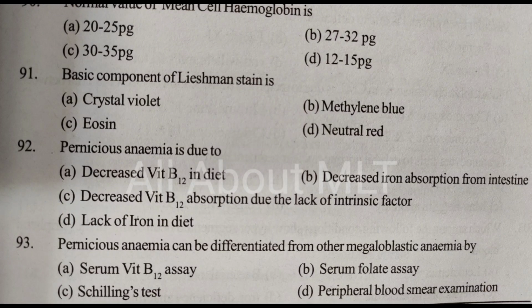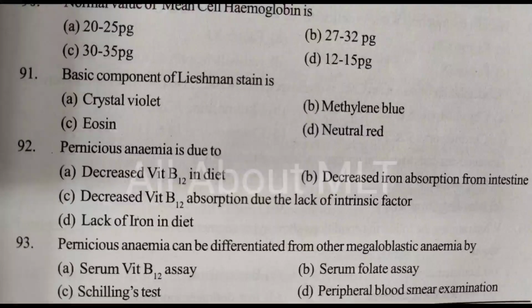Basic component of Leishman stain is: option A, crystal violet; option B, methylene blue; option C, eosin; option D, neutral red. And the answer is option B, methylene blue. Pernicious anemia is due to: option A, decreased vitamin B12 in diet; option B, decreased iron absorption from intestine; option C, decreased vitamin B12 absorption due to the lack of intrinsic factor; option D, lack of iron in diet.